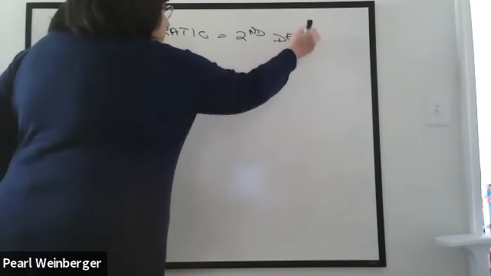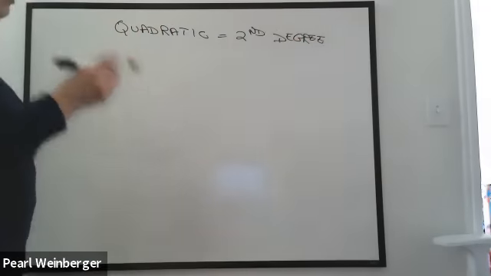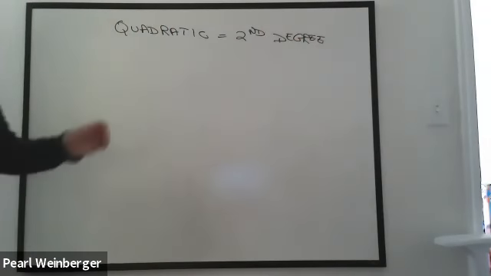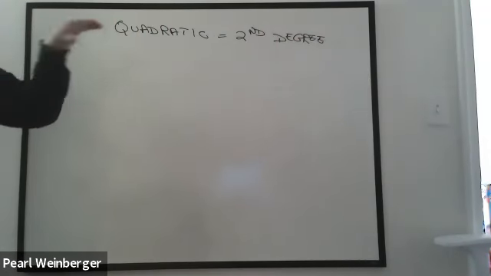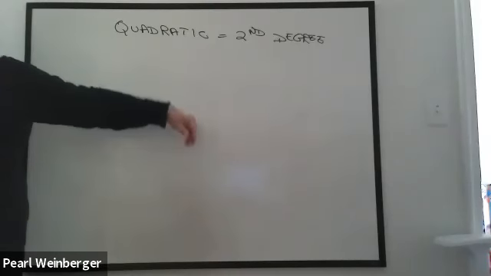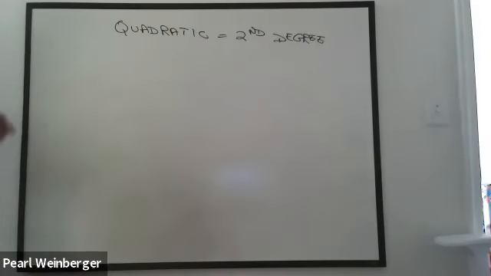The degree is the highest exponent you see. And in a quadratic equation, you're going to see an exponent of 2. Now, we did do a couple of examples that also had exponents of 3, but they were just a little bit of a step further. We're going to concentrate on this quadratic equation, this exponent of 2.